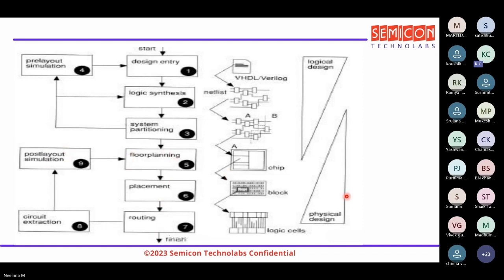All the steps in this portion fall in the physical design, and steps 1, 2, 3, 4 fall in the logical design. The floor plan may fall both in logical design as well as physical design. That's how the pictorial image represents it.